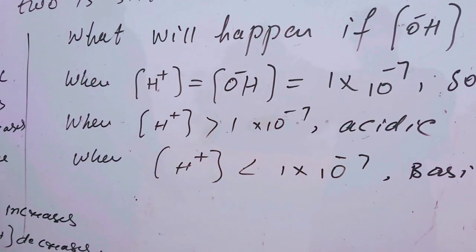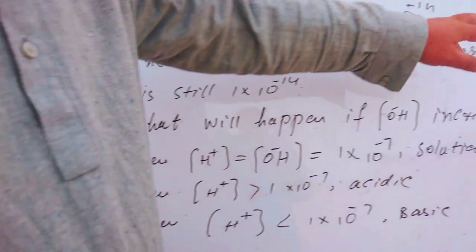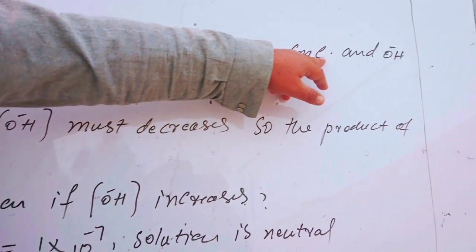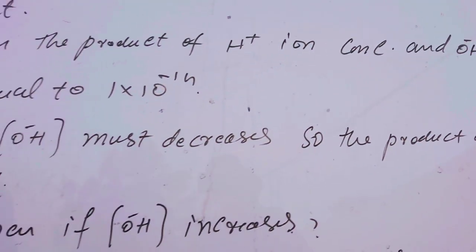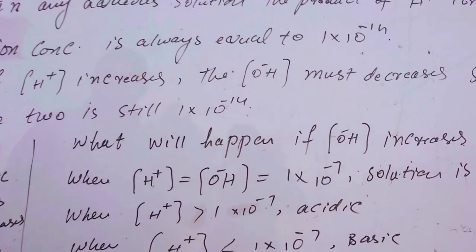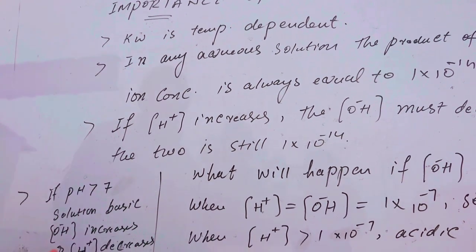That's why we call it the product of H plus ion concentration and OH minus ion concentration, always equal to this one value. We discussed this topic in the previous lecture.